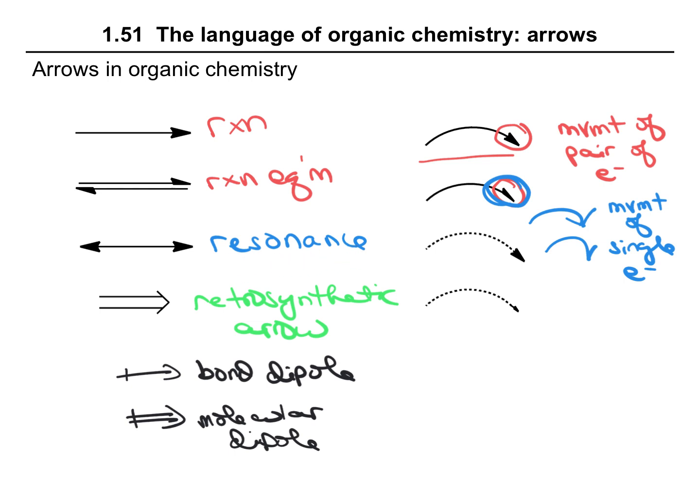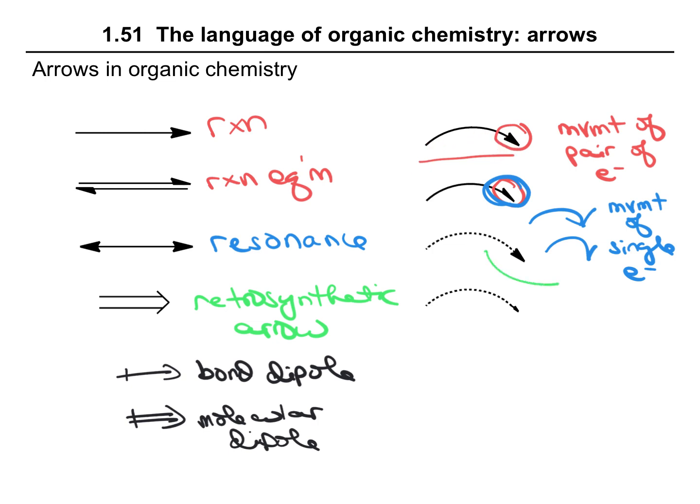We're going to talk more about resonance in the next video, and we're talking about an imaginary movement of electrons. So I like to use a dashed arrow rather than a solid arrow to be able to distinguish the imaginary movement of electrons within resonance as opposed to the real movement of electrons within a reaction.